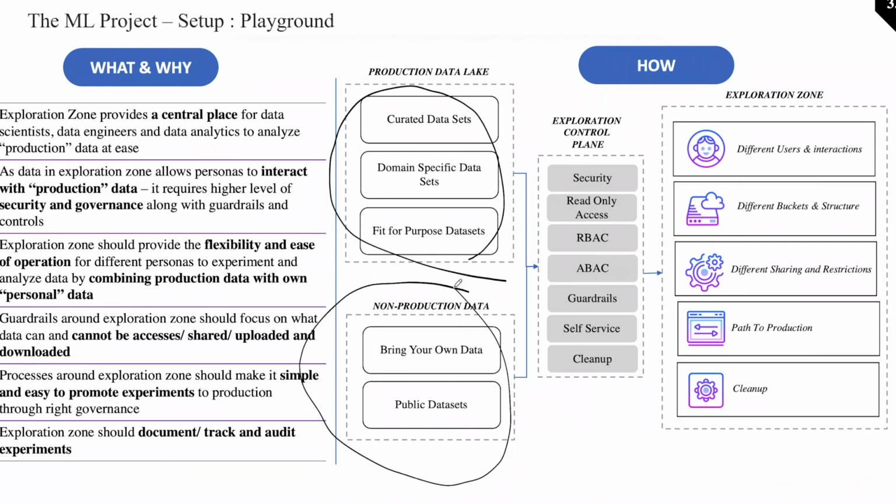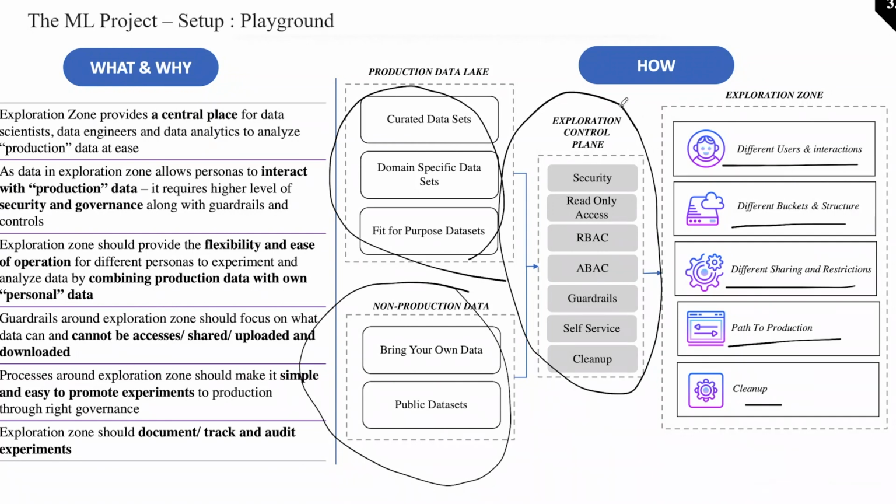So just to prove out the value, you sometimes use a read-only copy of your production data, and you bring in your non-production data, and then you have to use it for different personas, different bucket structures. You have to share the data, push the data into production, and then clean up. So to use your data and create an outcome, you need an exploration control plane, and that's something that we can provide as a value add within Accenture, right?